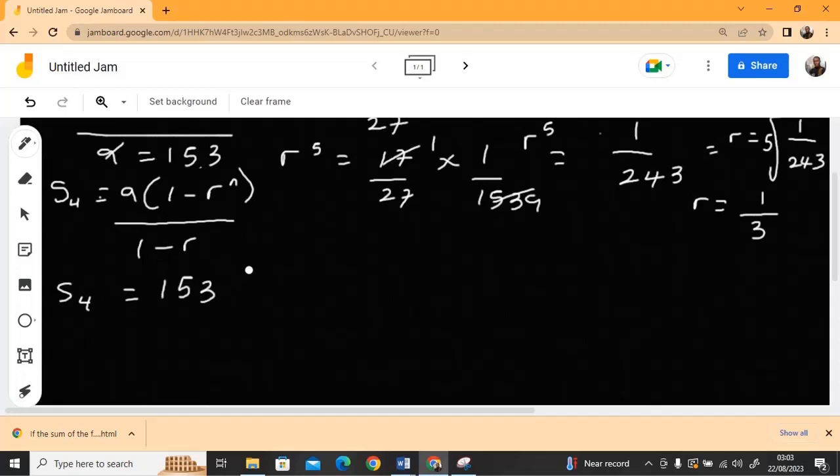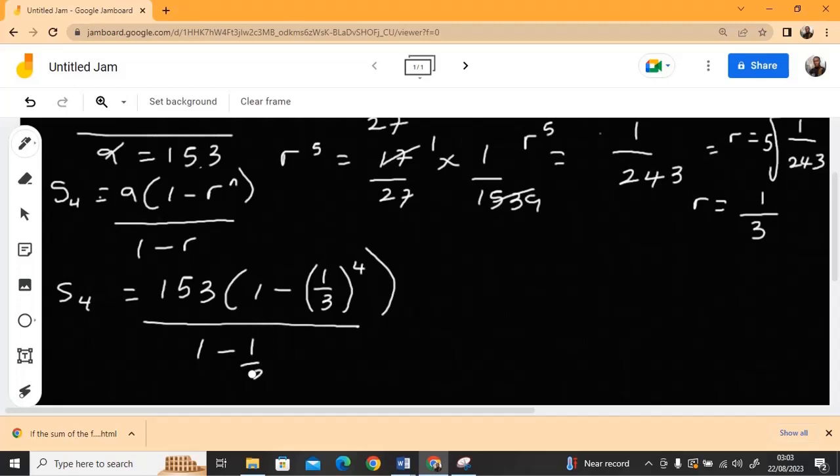153 times 1 minus 1 over 3 raised power 4, fourth term, close bracket, over 1 minus 1 over 3. So what you have here is 153, open a bracket, 1 minus 1 over 3 raised power 4. 3 times 3 times 3 times 3 is 81, so this is 1 over 81, close bracket.